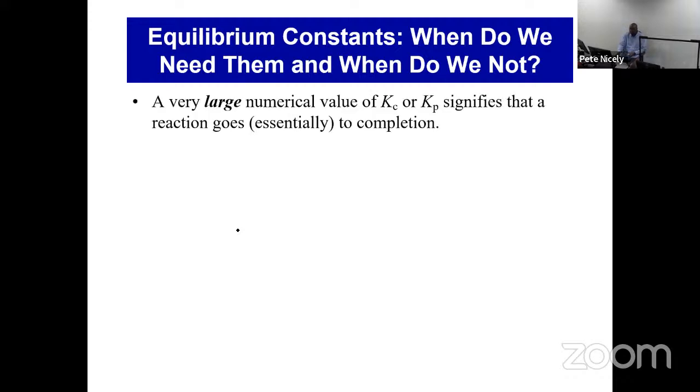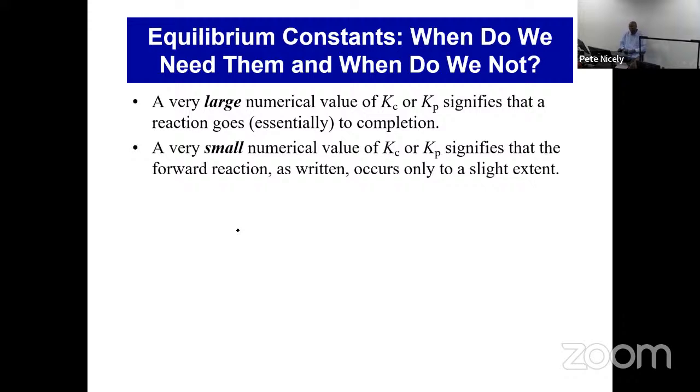So the first thing I'm going to say here is that if the Kc or Kp or any of the Ks is large, because we're going to meet some other equilibrium constants later on, what that tells you is that the ratio of the products to reactants is high, which means that you have a relatively high concentration of products compared to the concentration of the reactants. So basically, if it's extremely large, you can pretty much assume that the reaction has gone to completion, which means that the amount of reactant that is present is very, very small.